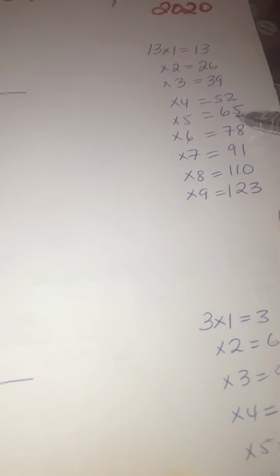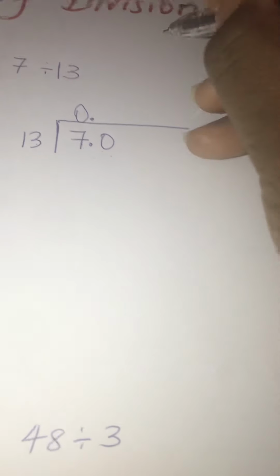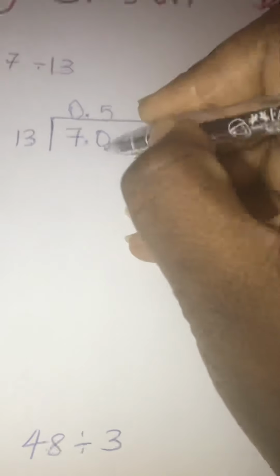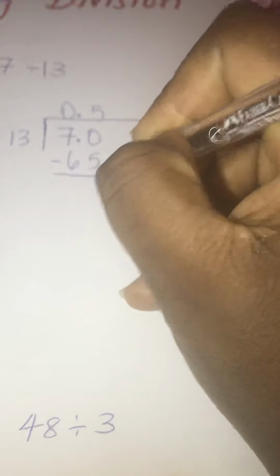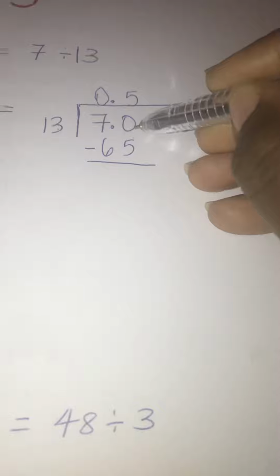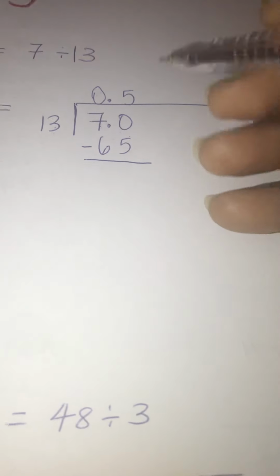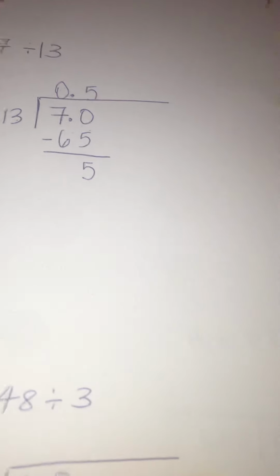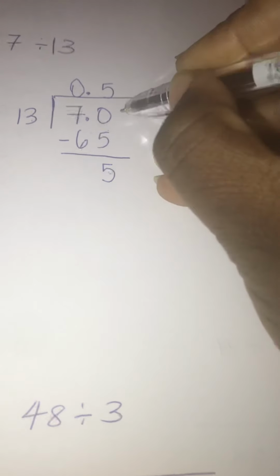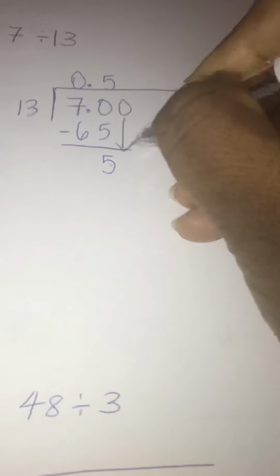So the value is 65. So 13 times 5 is 65. And then I subtract. 70 minus 65 is 5. Since I have a remainder, I will bring down the 0.